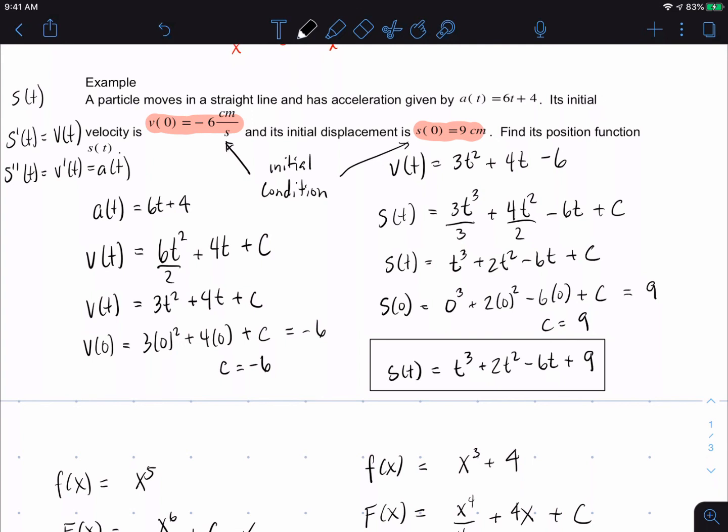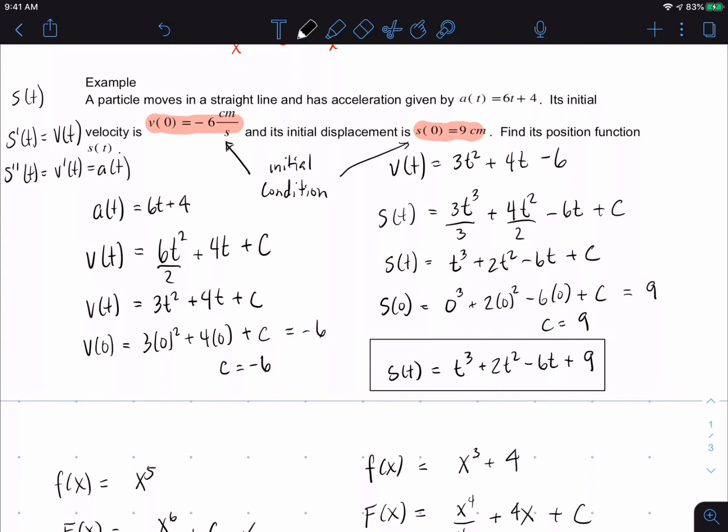Yeah, I got a quick question. I understand all the steps, I just want to make sure that for the first v of t and the second v of t, you just found the antiderivatives, correct? For the first v of t, all I did was demonstrate the steps: I went t squared, divided by 2, put in the t, and added the constant.